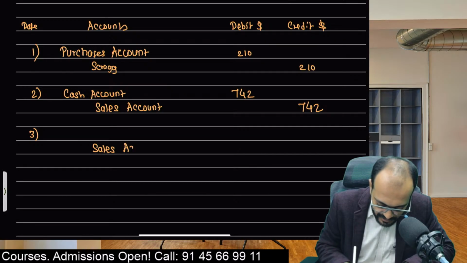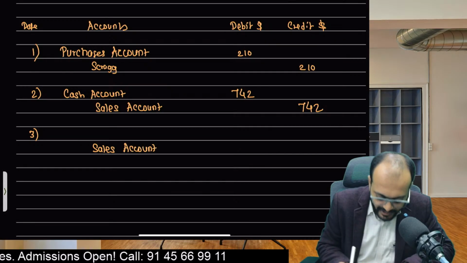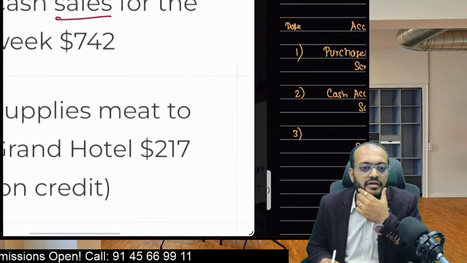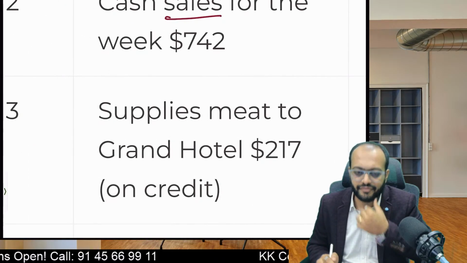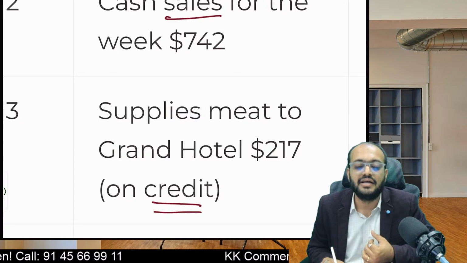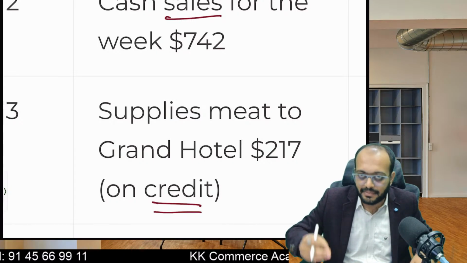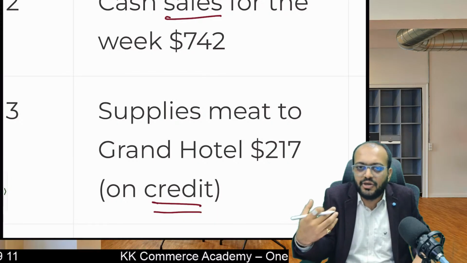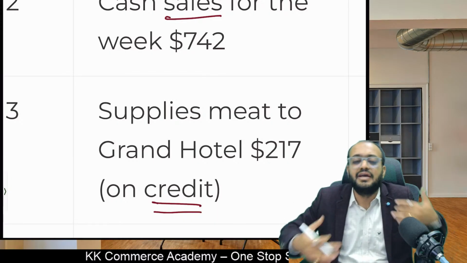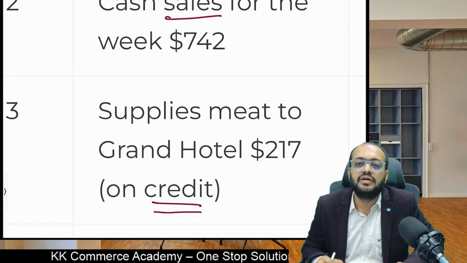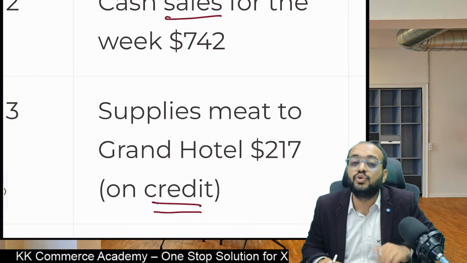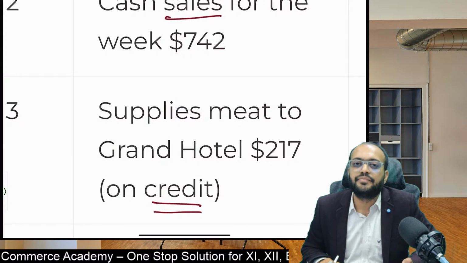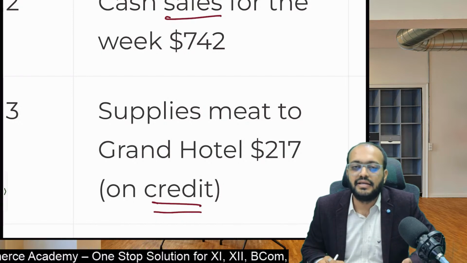Sales account, it should be credited. And cash, no, there is no involvement of cash. Since the transaction is on credit, that means we supplied meat to them and we're asking for money. Bro, Grand Hotel, please give money. But they're saying no, we don't have money, we'll pay in future. So we have to receive money in future. That means Grand Hotel is our debtor now.